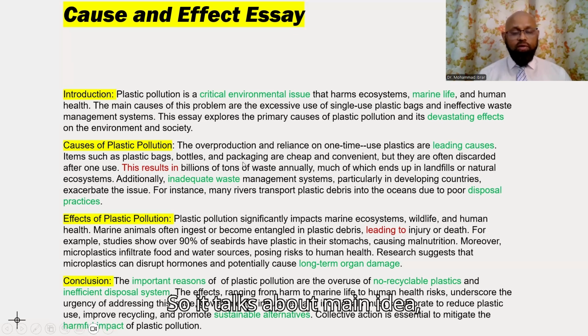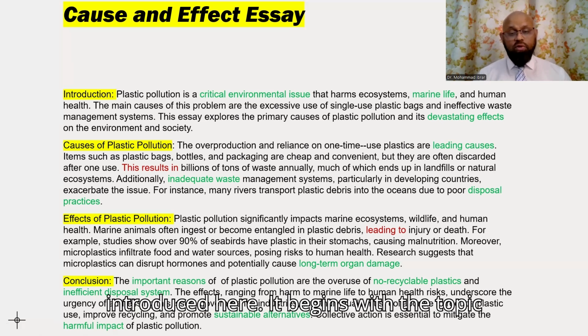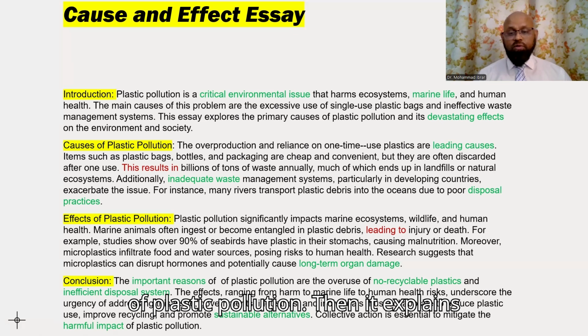So it talks about the main idea, explains it well, and then gives an example. You find the same thing here in effects of plastic pollution. The main idea is discussed. The main point is introduced here. It begins with the topic sentence of impacts of plastic pollution. Then it explains fully, and then examples are given.